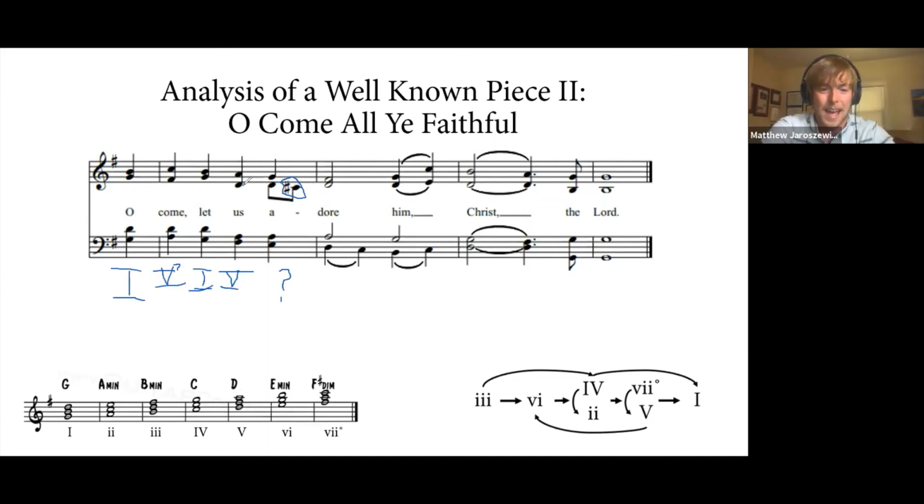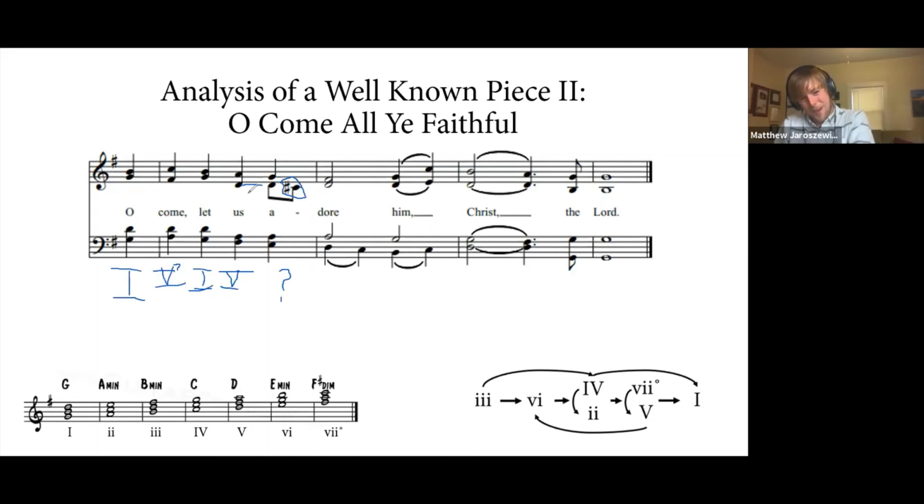You can see that the alto voice does hold over before moving to the C sharp. That is what we call a suspension, where one voice, everything else moves, and one voice stays the same, which creates a dissonance with the bass. In this case, the bass is an E, and it's a 7th there.